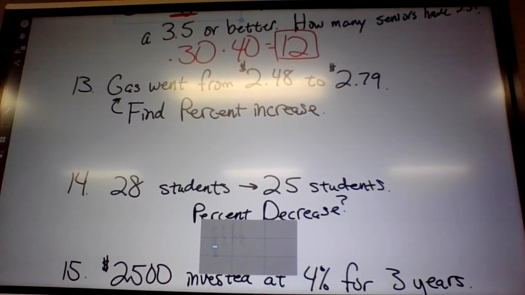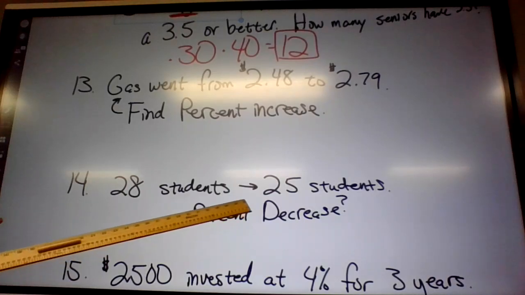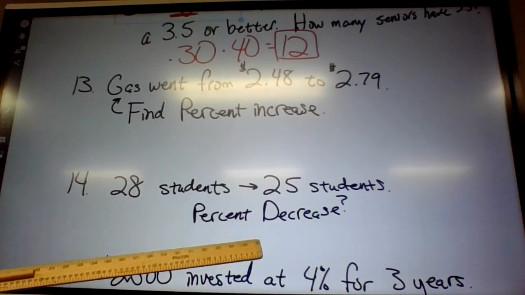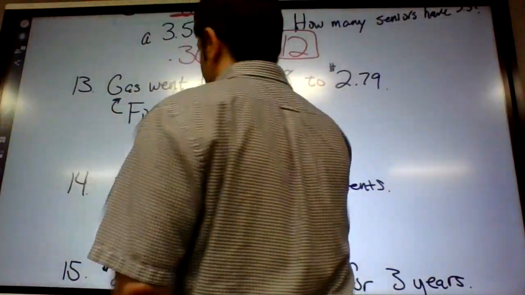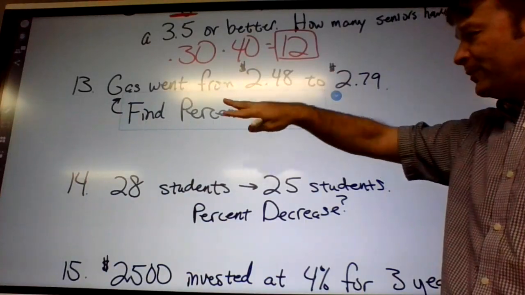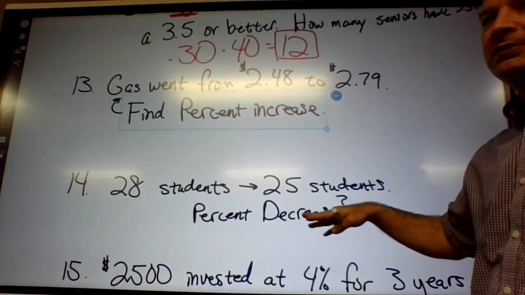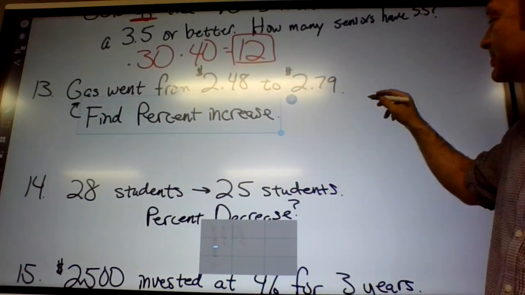13 and 14 is find the percent increase and decrease. What was the little formula we used? Change over original. That's called the percent change formula. It doesn't say find the percent change, it says find the percent of increase or decrease. But that's the same thing, right? You're increasing or decreasing, that's the change.